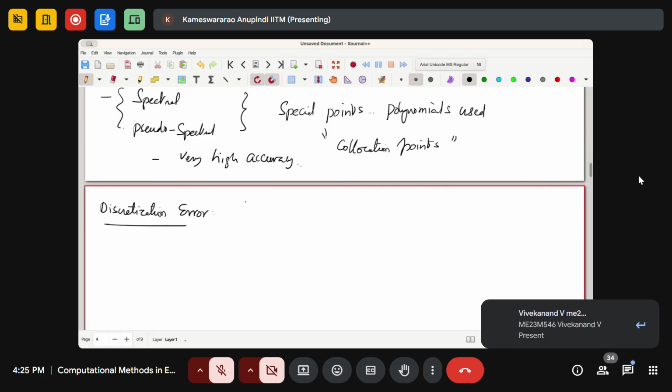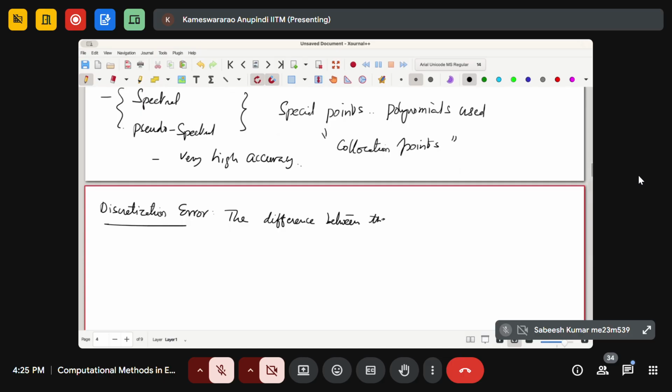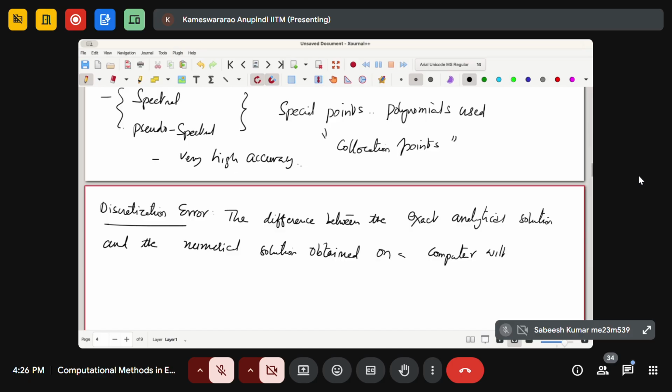So this error is basically the difference between the exact and the numerical solution that is obtained on a computer with infinite precision.